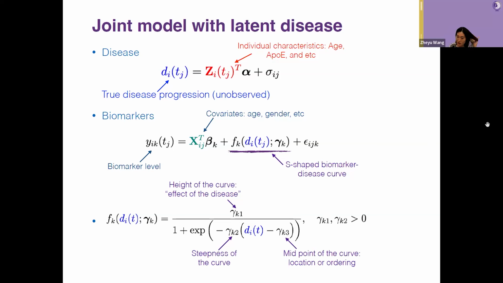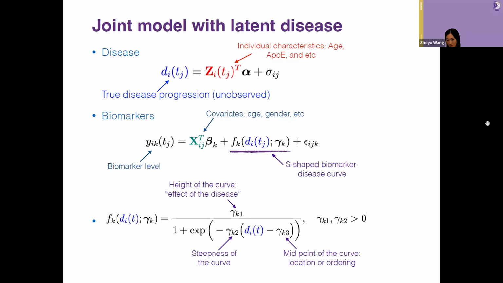And we use a logistic curve here because its parametric model is more efficient, and also because it has a nice interpretation: we have the height of the curve, we can find how steep the curve is going up, and also the midpoint, which allows us to see the ordering of different progressions.